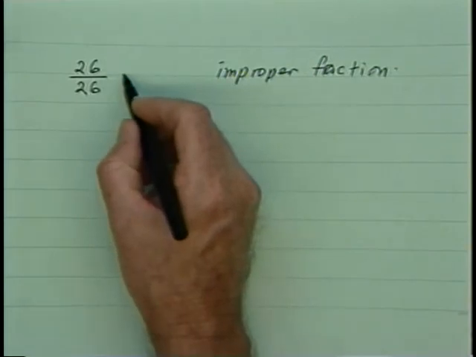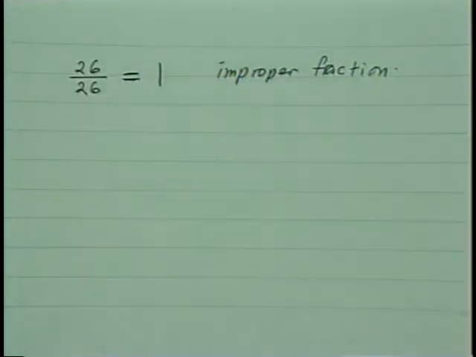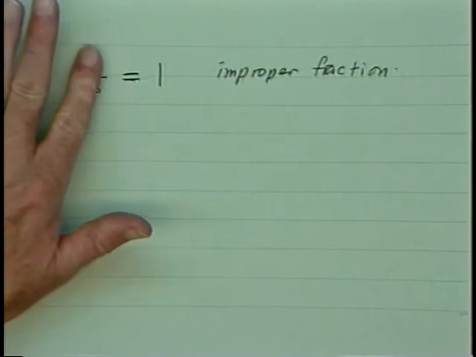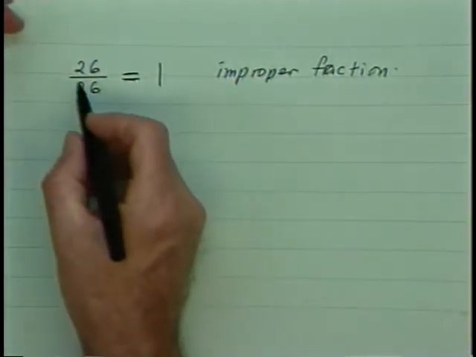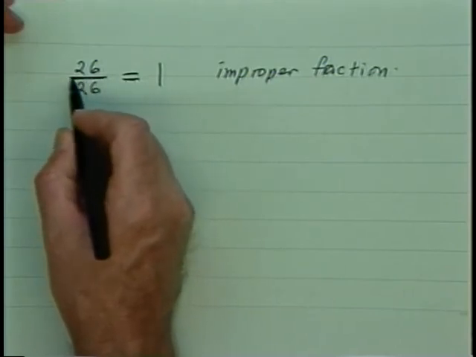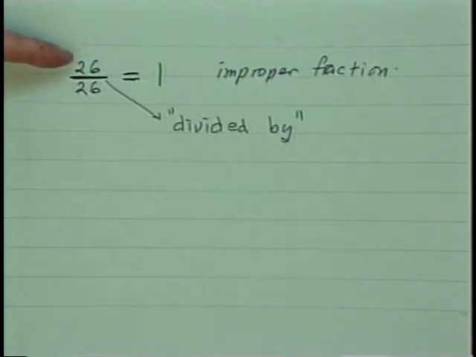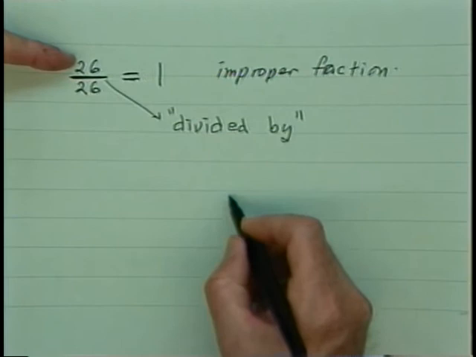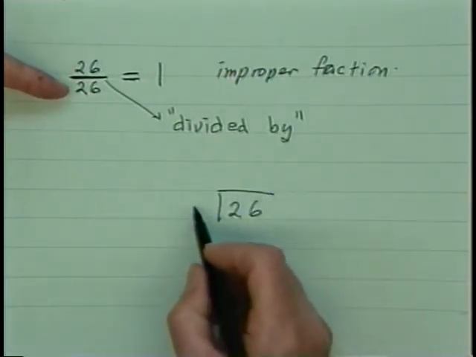In the last lesson, we just told you that this seems logically to be equal to 1, because if you take 26 parts out of something divided into 26 parts, you've grabbed the whole, and we symbolize whole by the number 1. But you now see, if we read this fraction bar as the phrase divided by, then read it back to ourselves, 26 divided by 26.